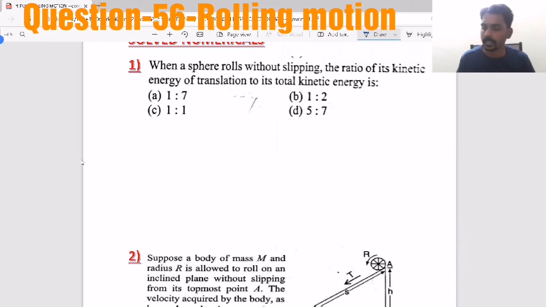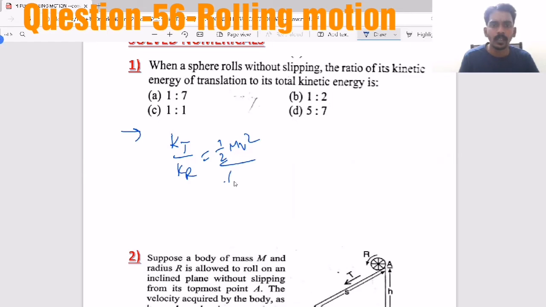Now come examples based on whatever we have studied. When a sphere rolls without slipping, what is the ratio of its translational kinetic energy to its rotational kinetic energy? So translational to rotational means half mv square by half I omega square.